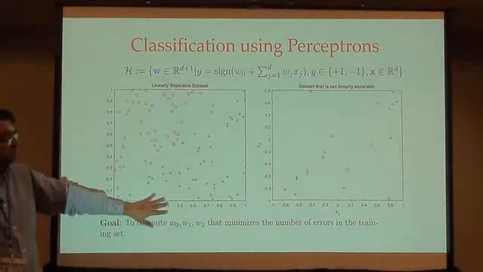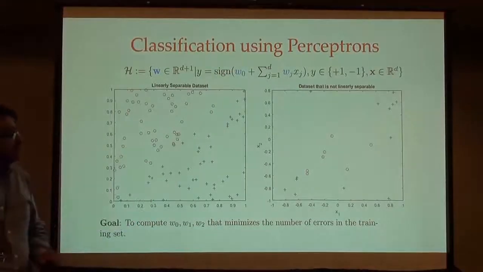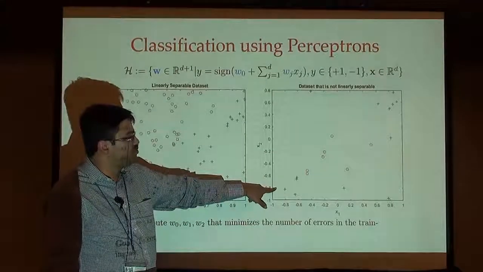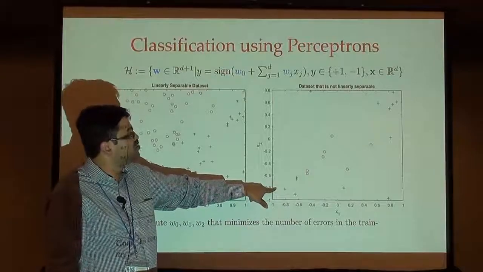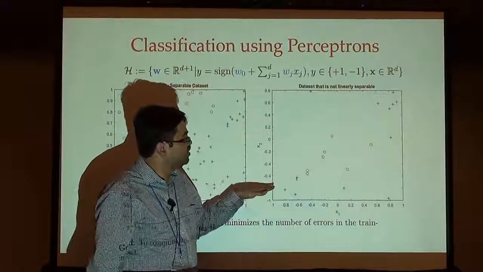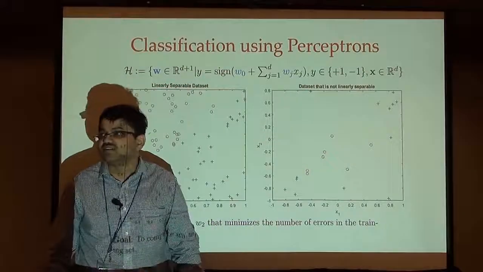I have designed this data set in such a way that it is linearly separable, to keep it simple. Now, this problem here is a little bit more complicated, because as you can see, I have all these plus signs and these circles. There is no linear function that actually separates these plus signs and circles.